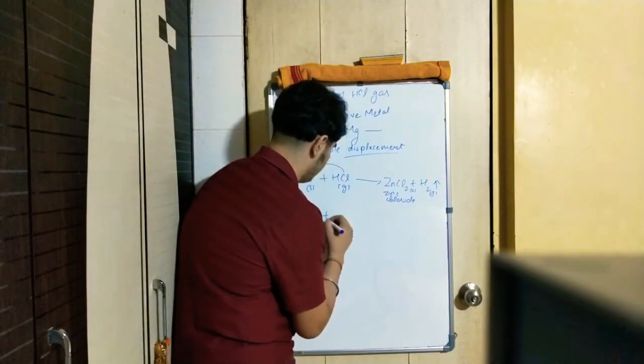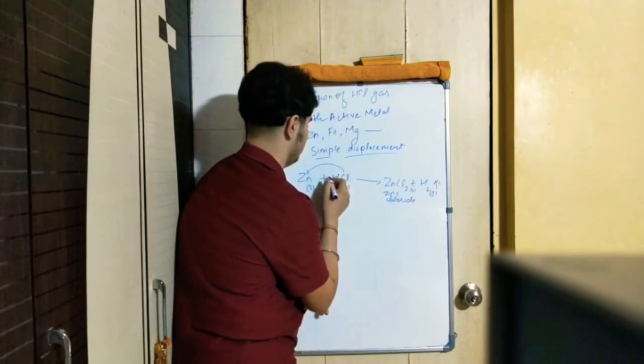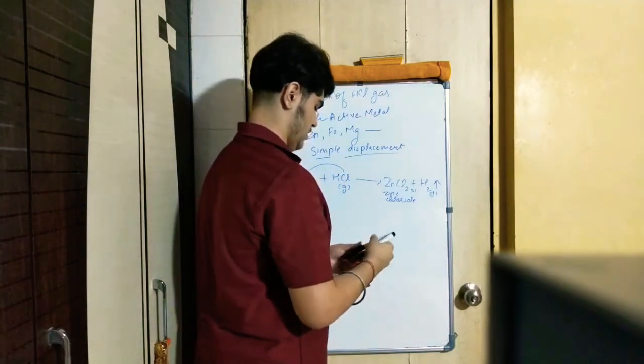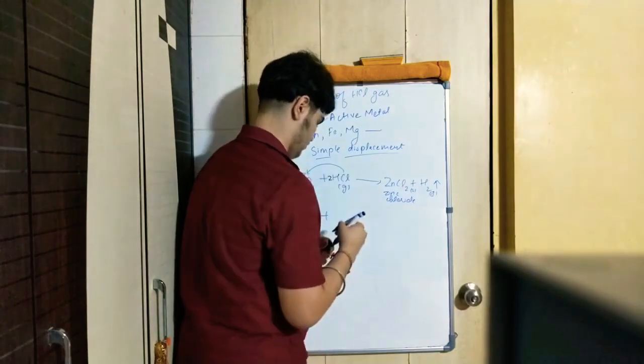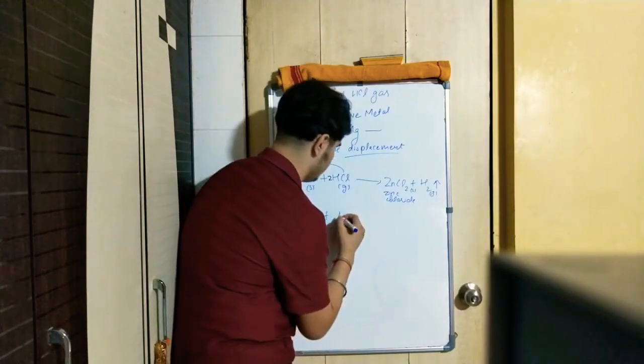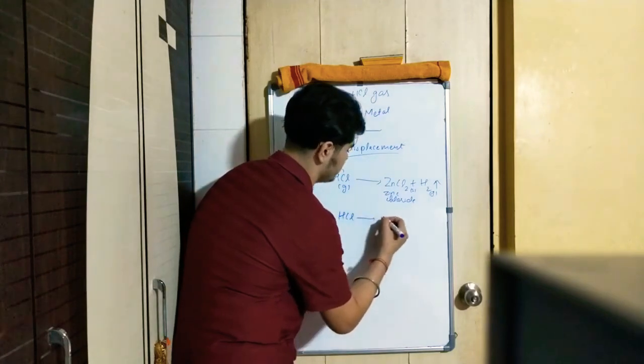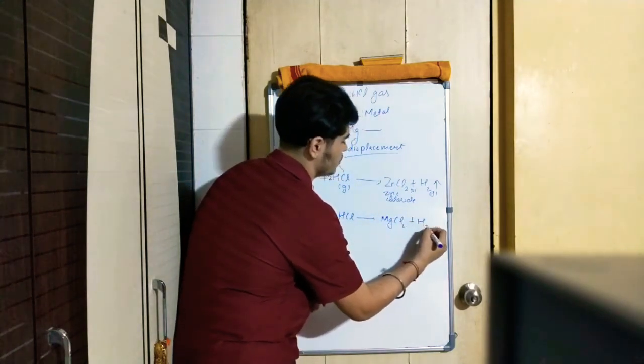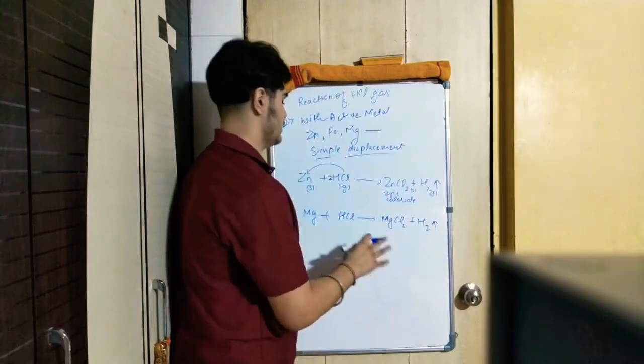The same thing happens. If you want to balance it, you can just keep 2 here. Mark it with another pen. So Mg plus HCl gives MgCl2 plus H2. The same reaction is followed everywhere.